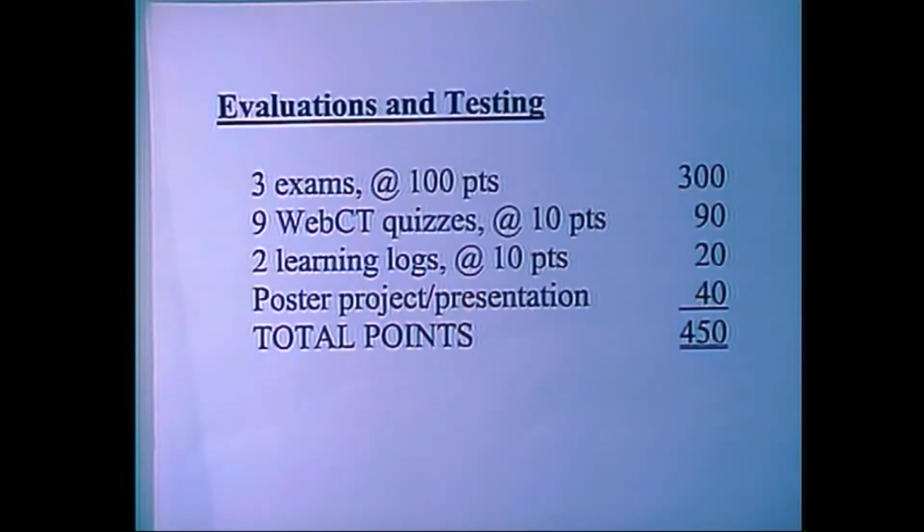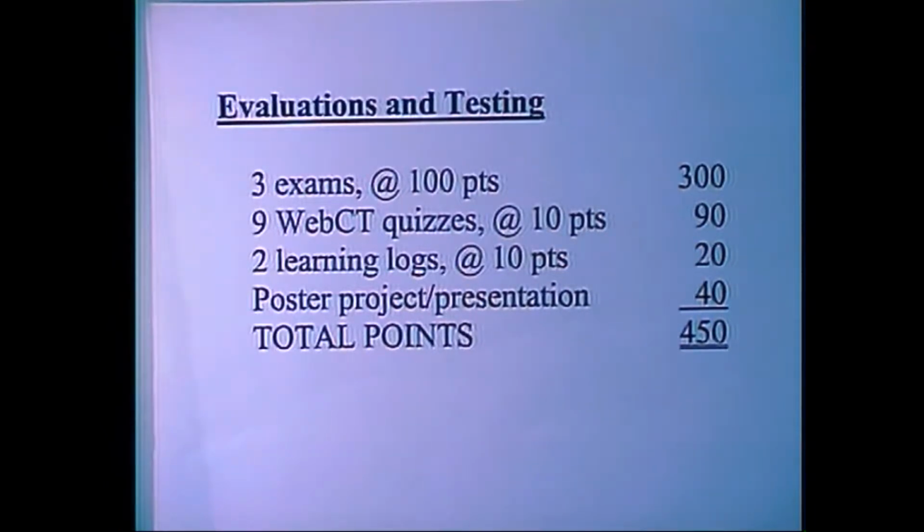Now we also have, okay, going back to the Elmo, we have 2 learning logs at 10 points each. And these learning logs are a way for you folks to show that you understand the assignments that they deal with. The first learning log will be a written assignment about 1.5 pages long, a formal paper, okay?